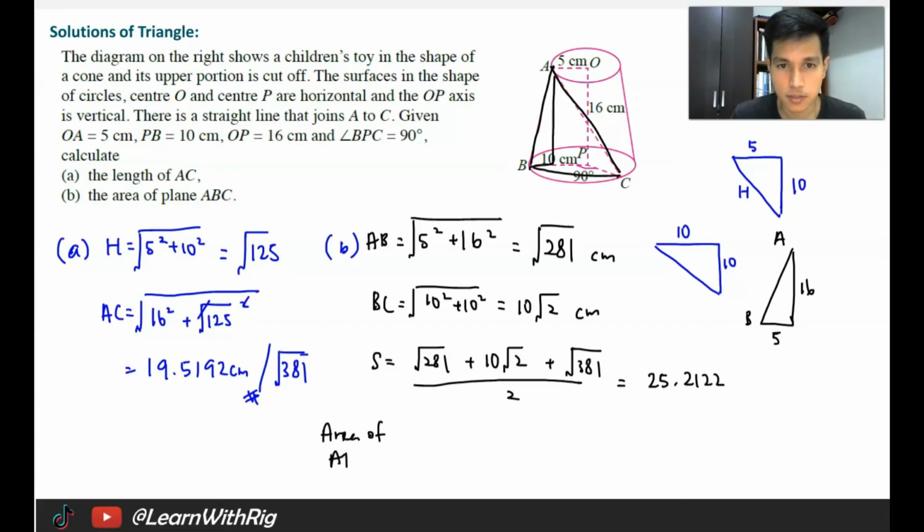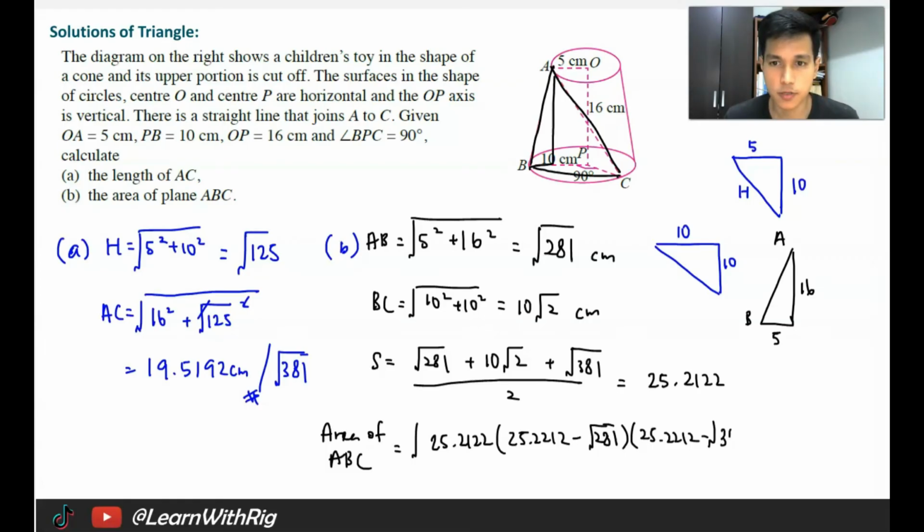Area of ABC equals square root, S value is 25.2122. It's going to be pretty long, 25.2212 minus which one? Minus √281, and then 25.2212 minus √381, and then 25.2212 minus 10√2.